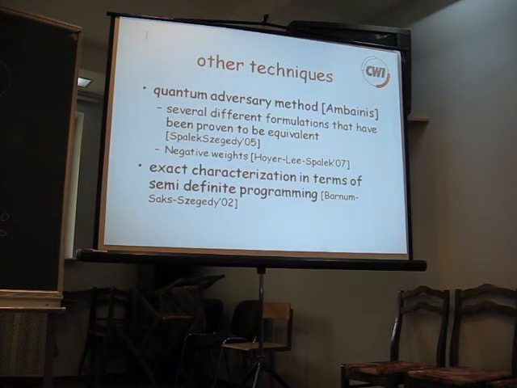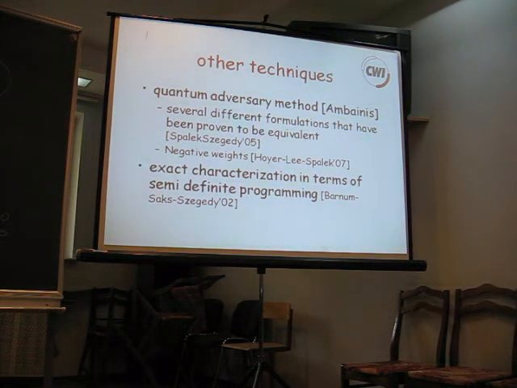You play the adversary defeating algorithms and proving that they need many queries. So you can devise a quantum version of that, which was done by Ambainis, and then several different formulations were floating around, and they were all unified by Spalek and Szegedy in 2005.